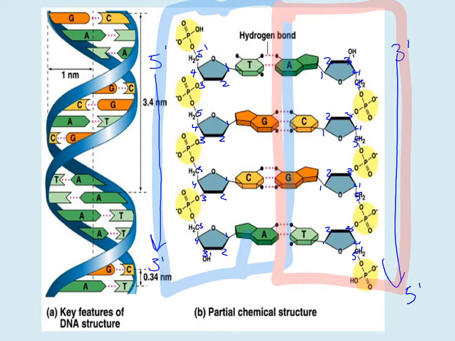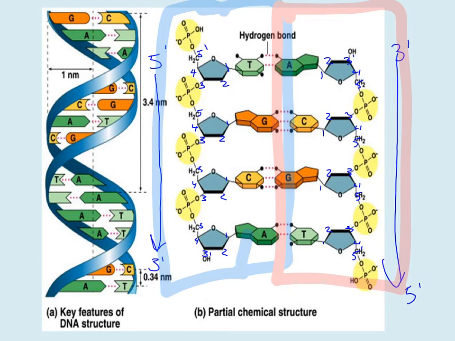And they're anti-parallel, meaning that one is going one direction and one is going the other direction. Now we indicate these directions by calling them 5' and 3'. Well, how do you know which one's 5' and which one's 3'? Well, you look at the sugars. When we look at the sugars and we look at the one I've got highlighted in blue here, let me go back to my blue highlighted.